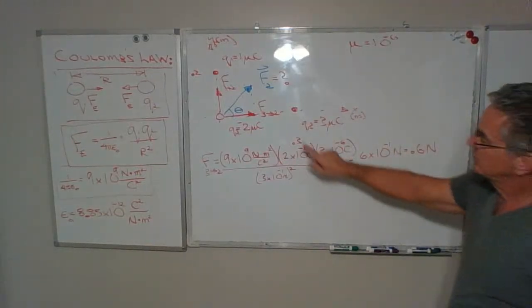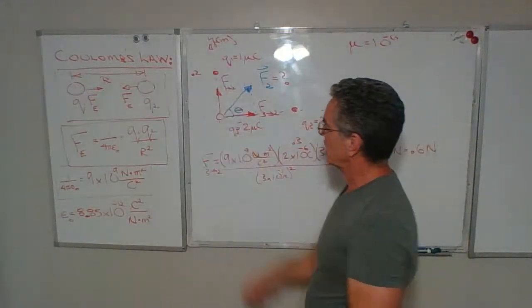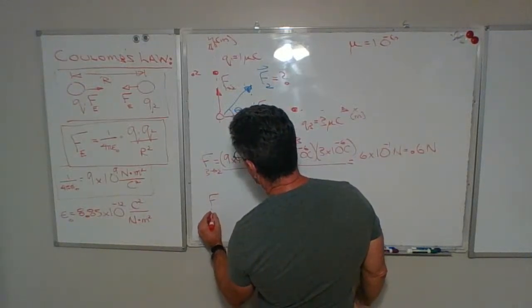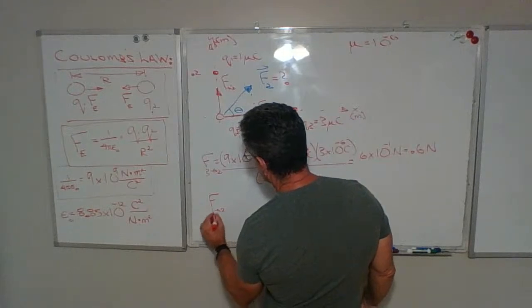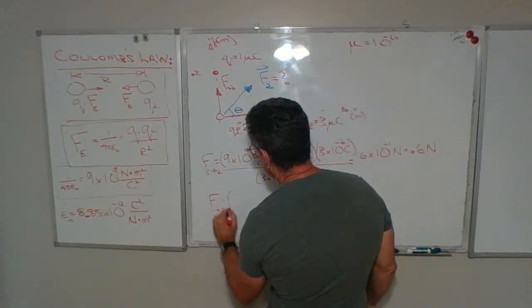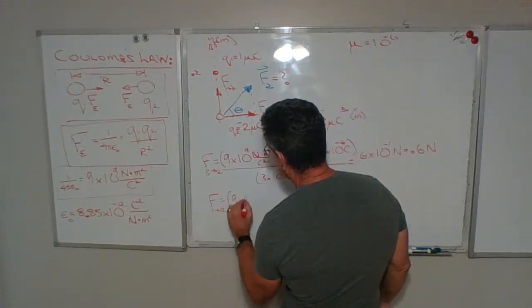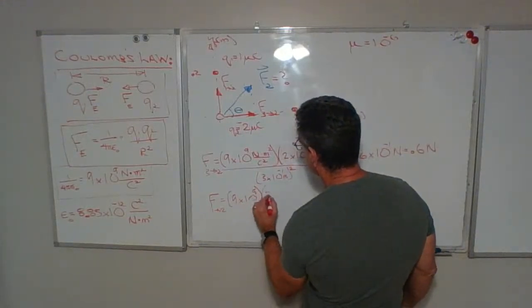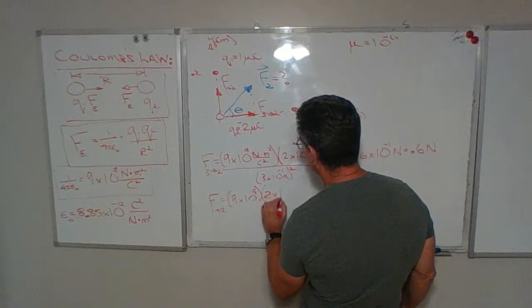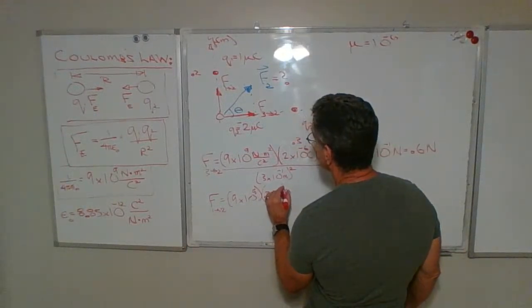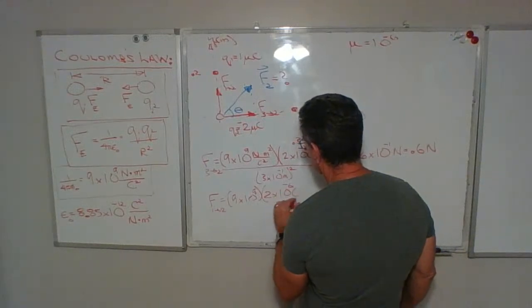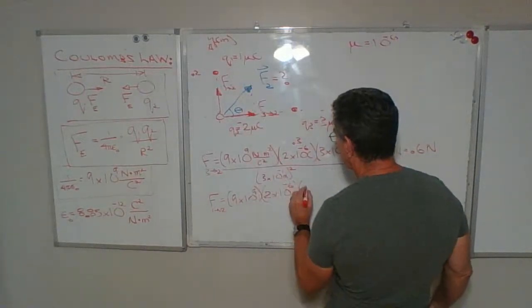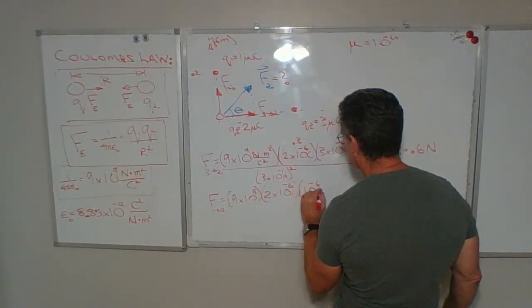So now we found that. We know the value of this force. Now what about the upward force? Well, we can use Coulomb's law again. So the force of 1 acting on 2 is going to be, using Coulomb's law, 9 times 10 to the 9th times 2 times 10 to the minus 6 coulombs times 1 times just 10 to the minus 6 coulombs.